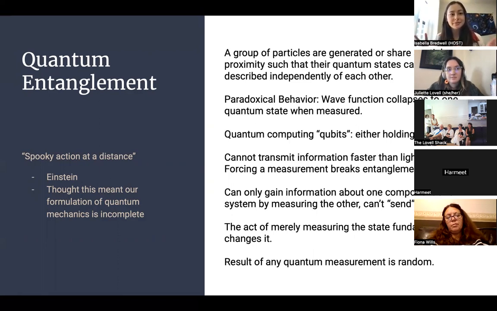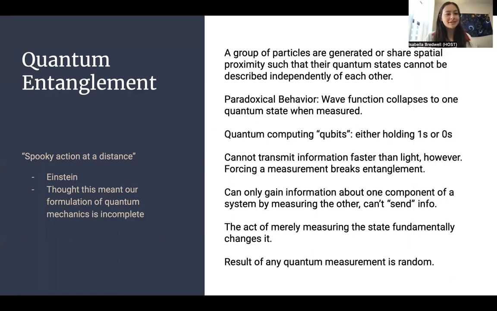Einstein called this spooky action at a distance, and he thought that entanglement forced us to accept that our formulation of quantum mechanics is incomplete. But essentially, entanglement is that a group of particles, let's say two particles that were one before or whatever, separate. They can't be described independently of each other.